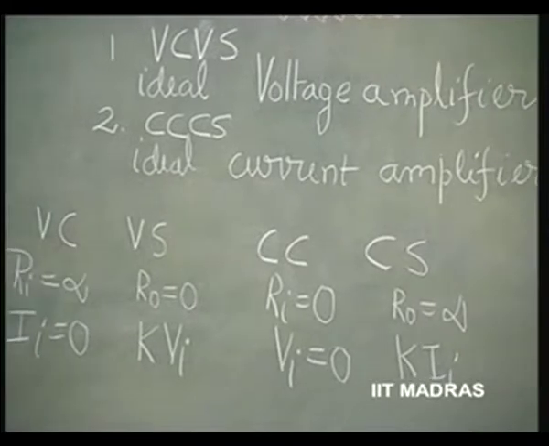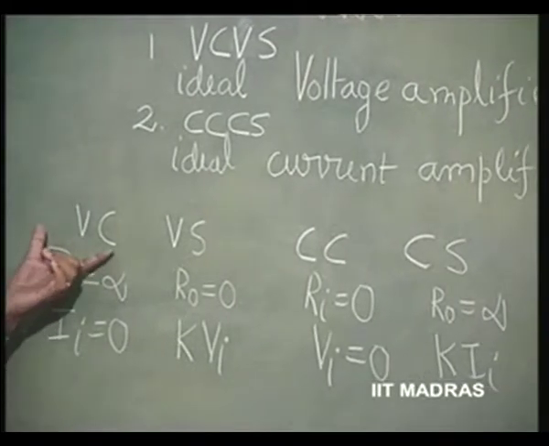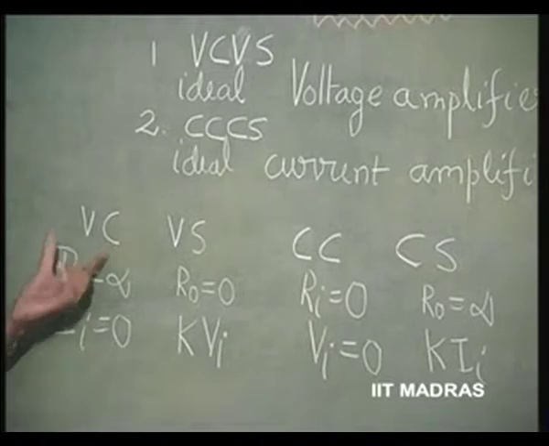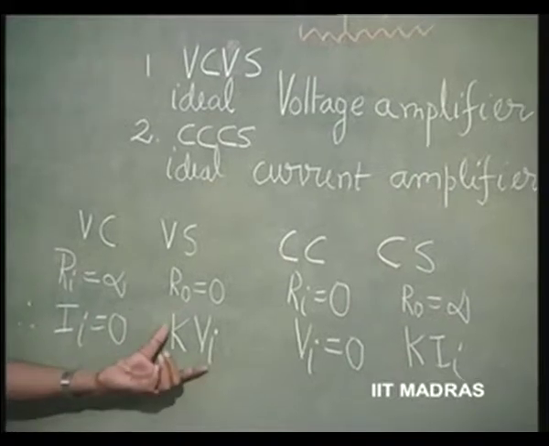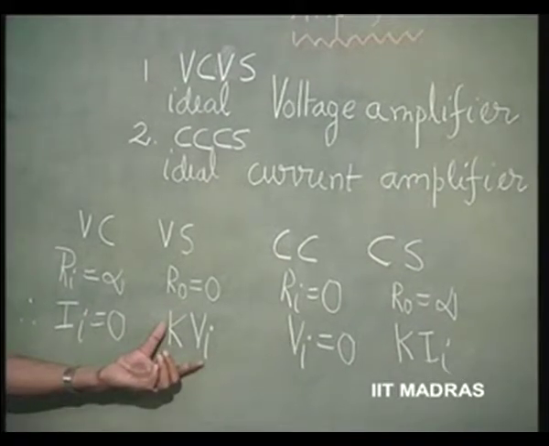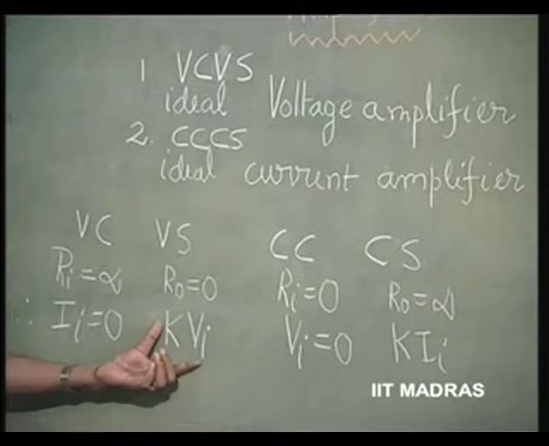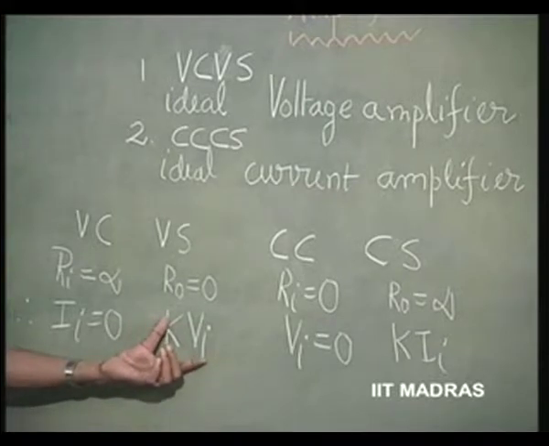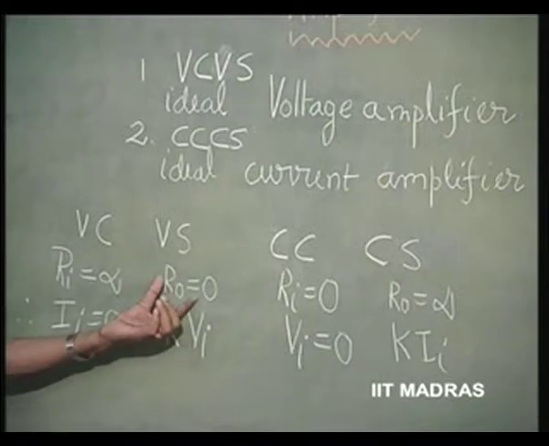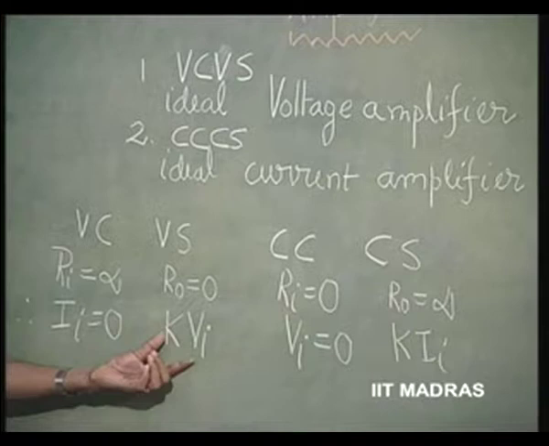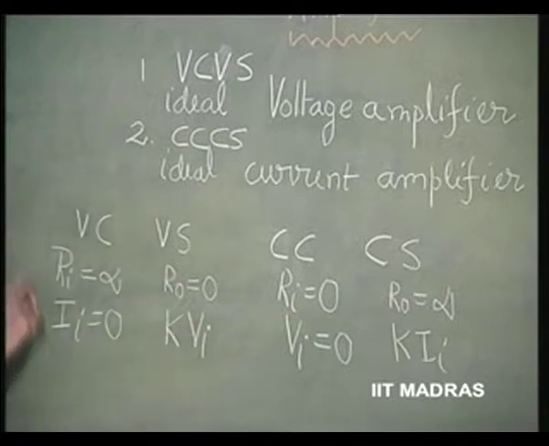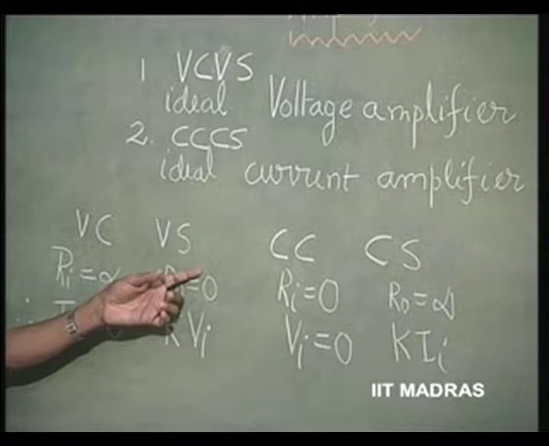We learnt, wherein if it is voltage control, obviously at the input port I is 0. So, that V I is what is controlling the voltage at the output as k times V I. This is what is appearing at the output, and the source has 0 resistance in series. It is a voltage source with 0 R naught output resistance, and it has a voltage which is k times V I. This is the characteristic of an ideal voltage amplifier.